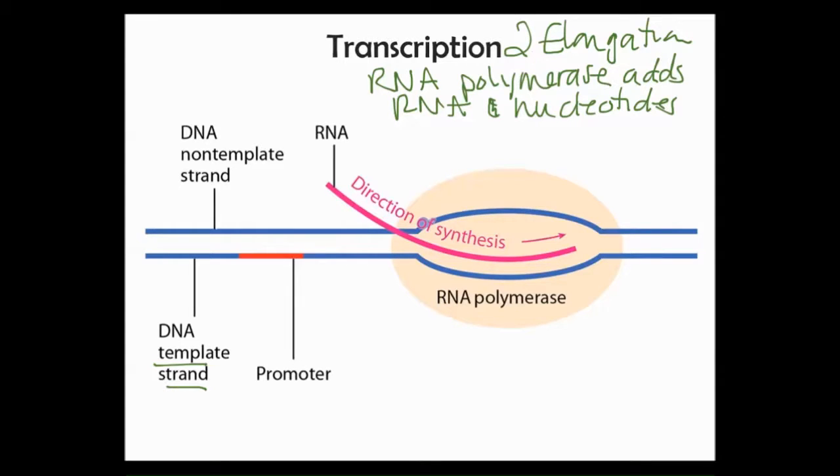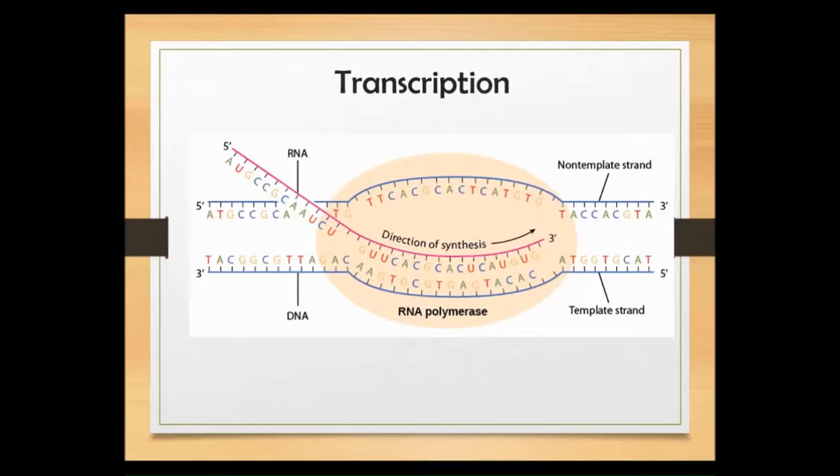Let's actually look more closely at this process. I want to show you a little bit more detail. This is a picture out of your textbook, and you'll be able to see it there. And we can see something very similar to what we've started with. In this scenario, again, our bottom is going to be our template strand. We can see our RNA polymerase here, and we can see our blue DNA has been separated. The direction of our synthesis is this direction.